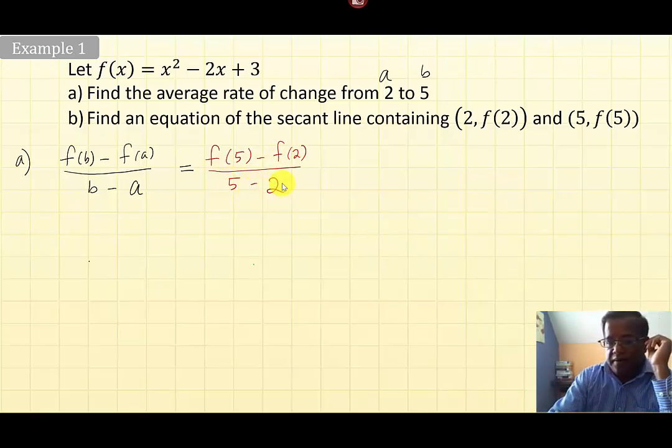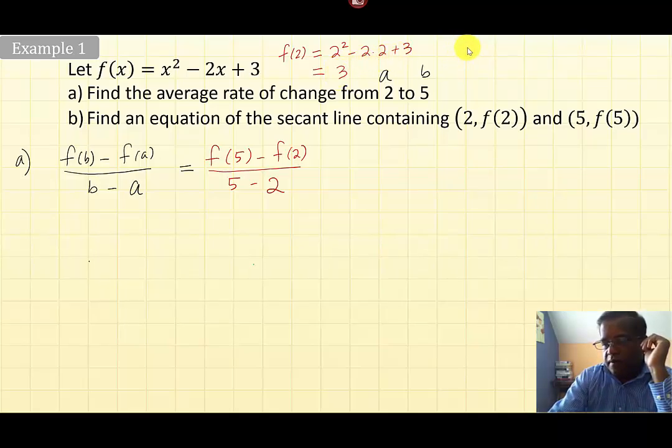Now we find f(2) and f(5) by substituting into this formula. f(2) is equal to 2 squared minus 2 times 2 plus 3, which gives you 4 minus 4 plus 3, or 3.